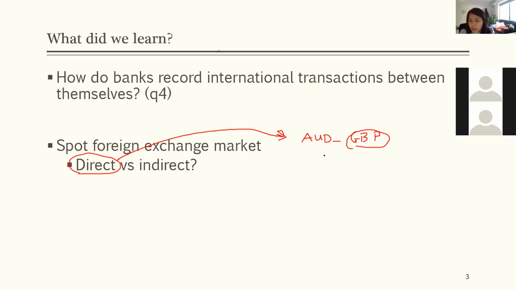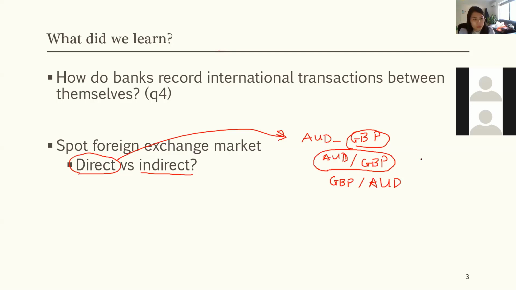So here I'm going to say AUD per pound, okay? So this exchange rate tells me how much AUD each pound is worth. So this is the price of the pound in the AUD. In contrast, when we look at the indirect quotation, this is when we price the home currency in the foreign currency, okay? So in this example, it will be the value of the AUD in the pound, okay?